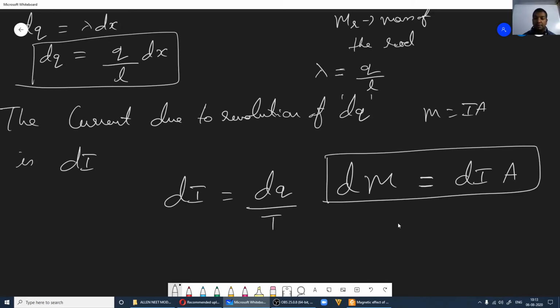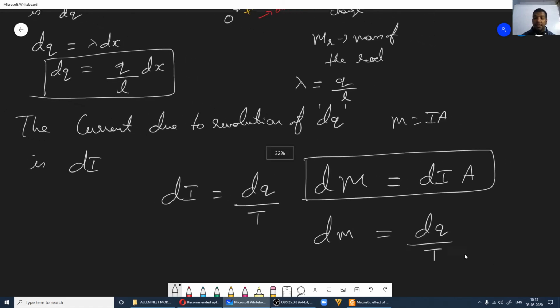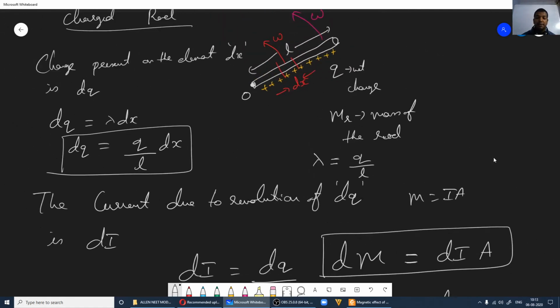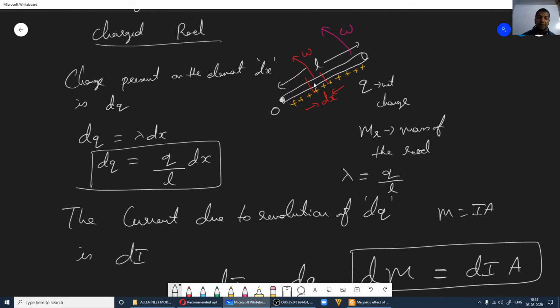Now what is di? dq divided by t. So I can write it as dq divided by t into A. What is the area that is swept by this charge, that is the loop.